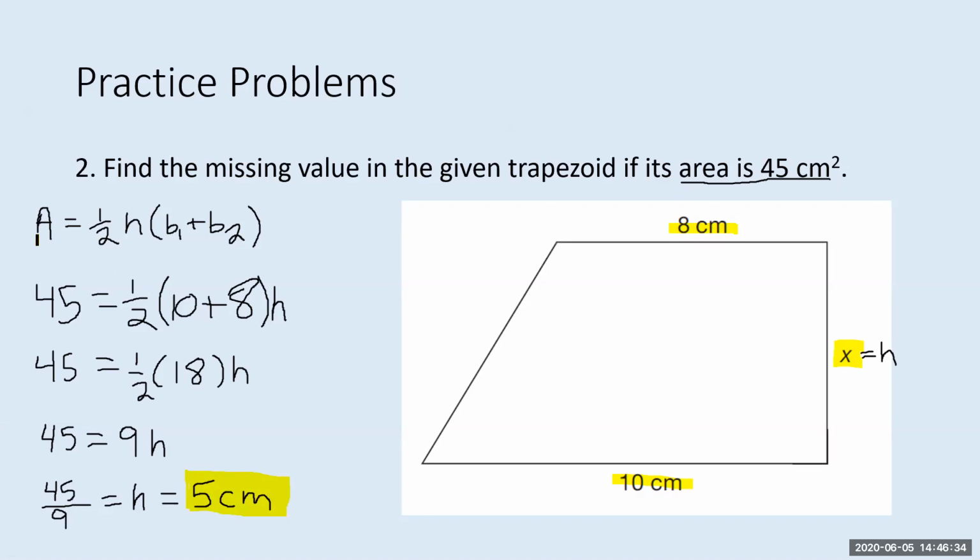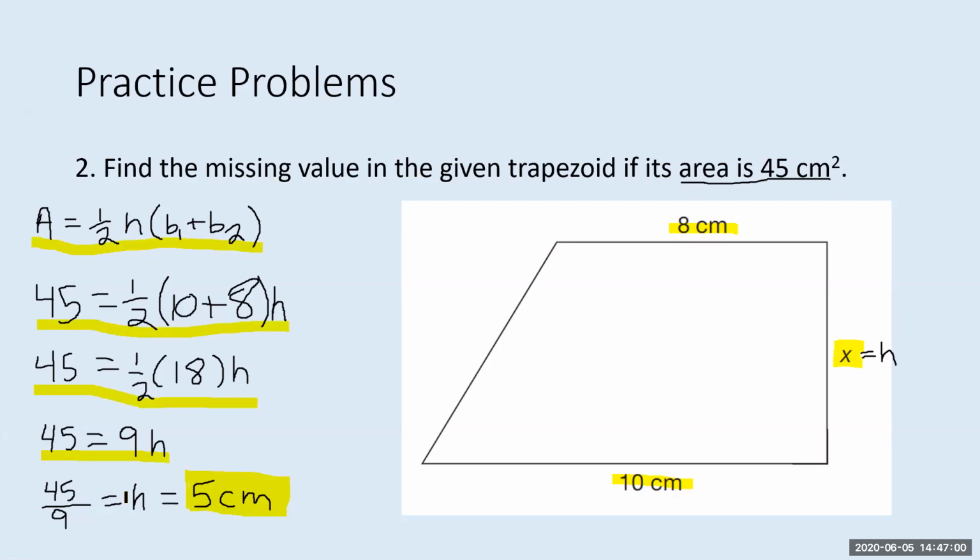So I started out by writing out the formula for area of a trapezoid. I filled in all of the information that I knew. I worked to simplify that information as much as possible. And that finally got me to that last step here where I found the missing height, the missing piece.